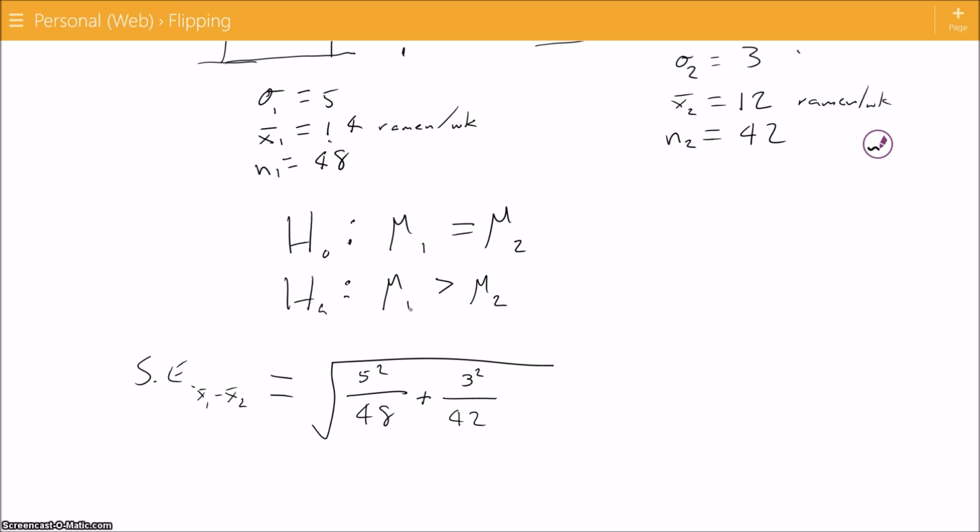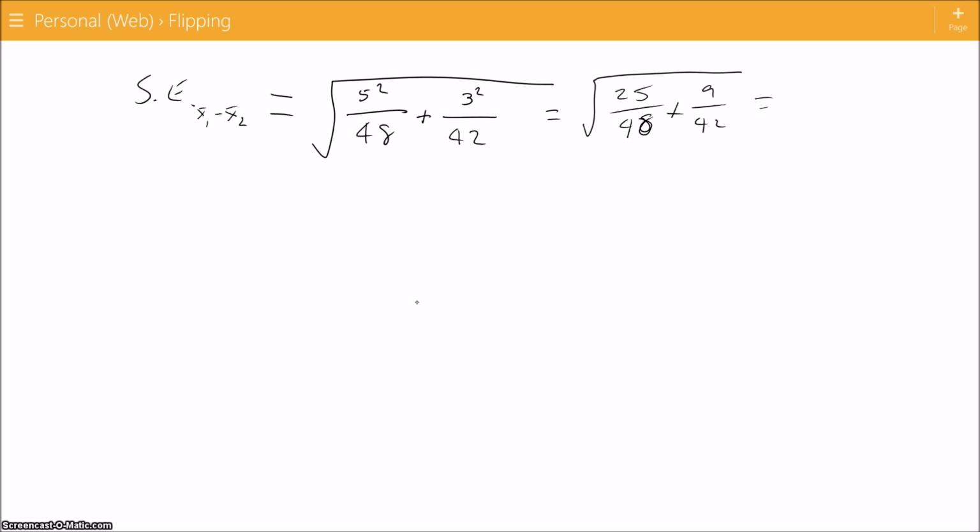So this is equal to the square root of 25 over 48, plus 9 over 42. I recommend not plugging everything in your calculator right away and hoping it works for the best.